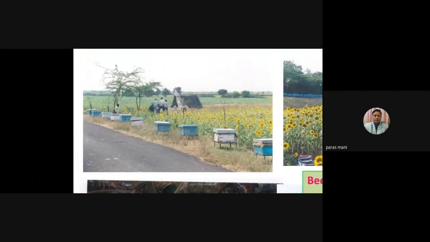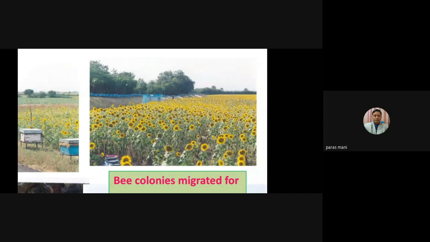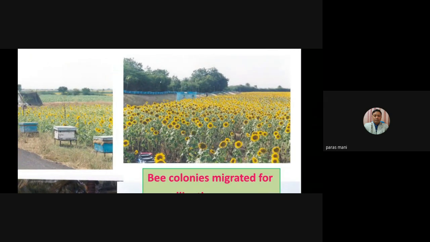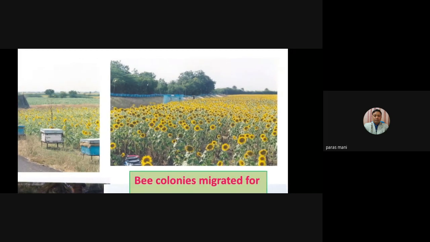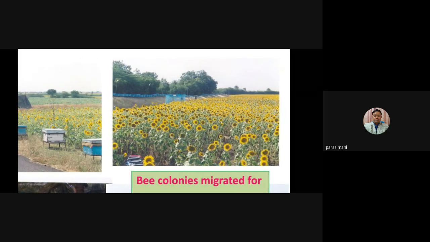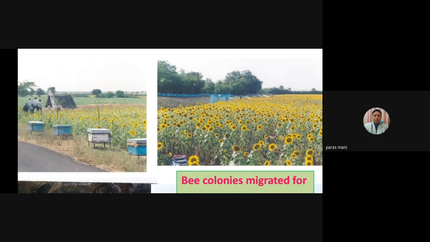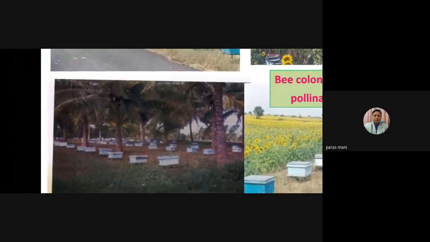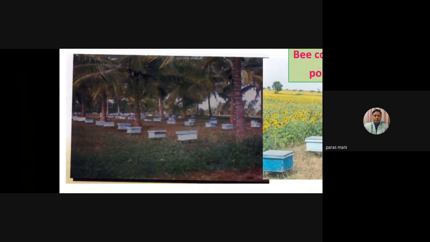Whenever flowers are available in plenty, like field crops, like sunflower, Niger, sesame, you can shift the boxes to such fields. When the crop season is over, for 2 to 3 months they will be kept in such fields. When the crop season is over in such fields, if annual crops are not available, they will be relocated to the perennial plantations.